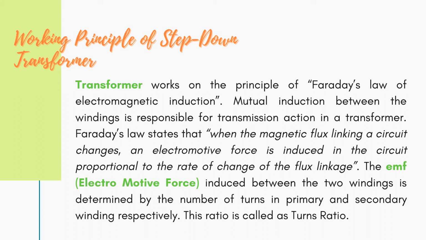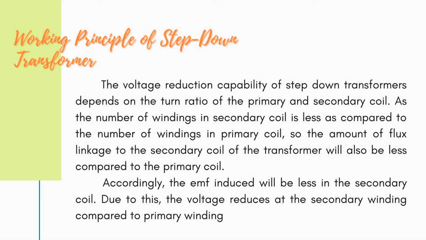The EMF, electromotive force, induced between the two windings is determined by the number of turns in the primary and secondary winding respectively. This ratio is called the turns ratio. The voltage reduction capability of step-down transformers depends on the turns ratio of the primary and secondary coil.